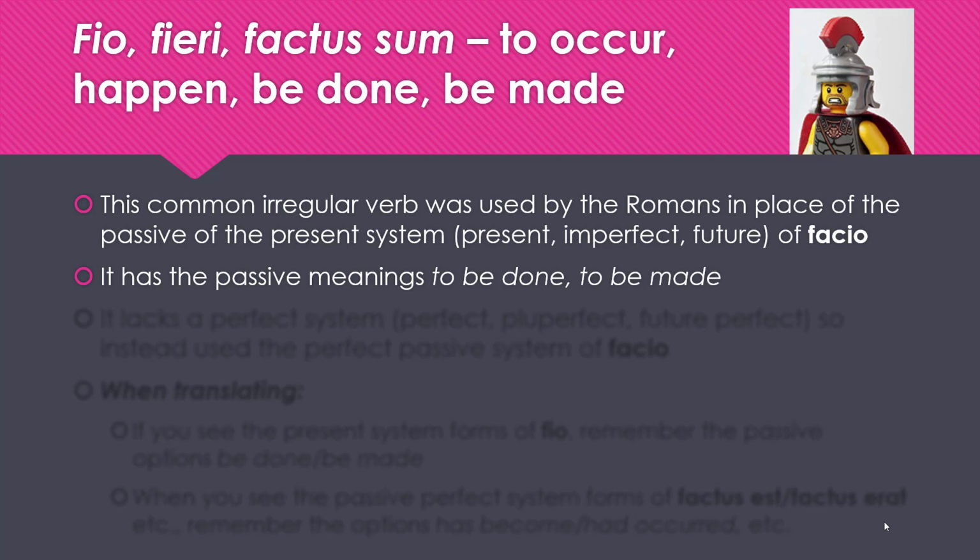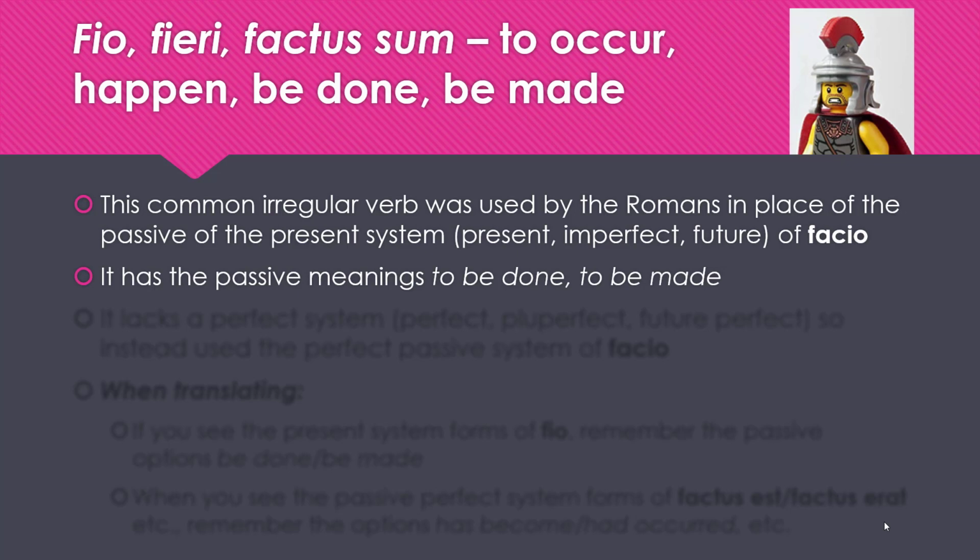It will have active endings in the present, the imperfect, and future. So the Romans just, in this way, I don't know if English teachers still tell you to do this, but to avoid the passive voice, this is a Roman example of avoiding the passive voice. Instead of using facio, they replaced it with fio.